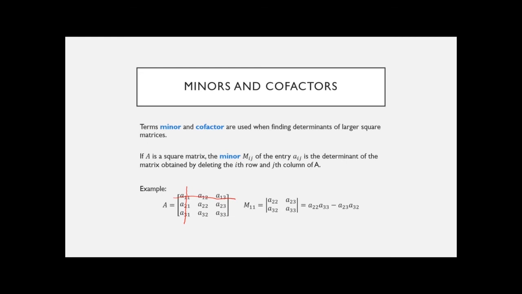That is considered the minor. You can find the minor for basically anything. I could find the minor of the first row, second column, and I would use whatever I have not crossed out. I could even find the minor of the second row, second column, and that would use whatever is remaining. So in a 3x3 you can find 9 different minors.